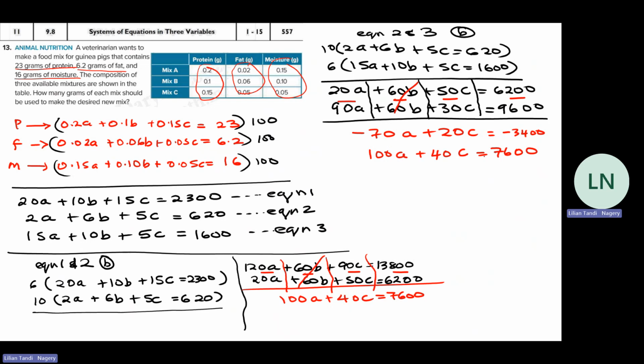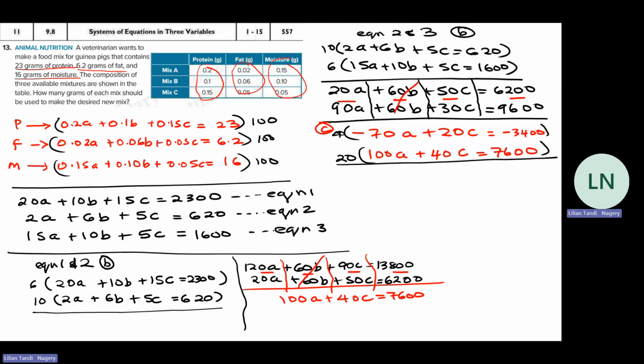So then who do I eliminate? I want to eliminate c because it has the smallest coefficient, so I will use that. So here I will put 20, here I will put 40.